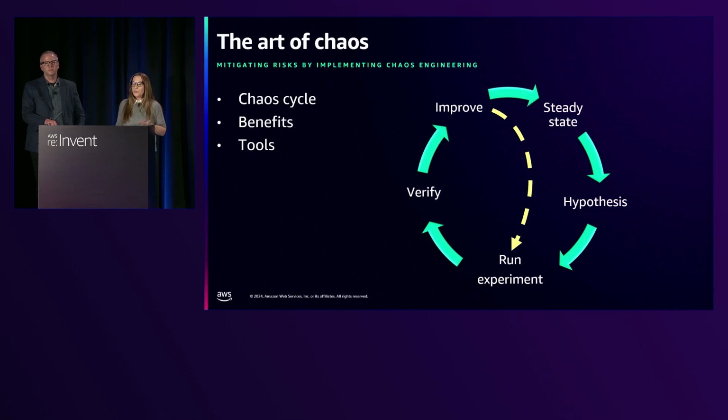There's a number of different tools and products that you can use to run your chaos experiments. You can use AWS Fault Injection Service, or if you're looking for open source, you can use Chaos Monkey, developed by Netflix. But ultimately, chaos engineering is not about creating chaos, but about unveiling the unknowns in your system. You need to proactively inject controlled failures, and then you can uncover those vulnerabilities.